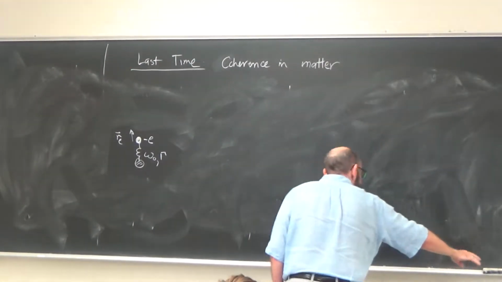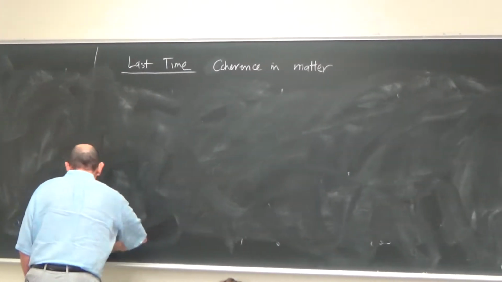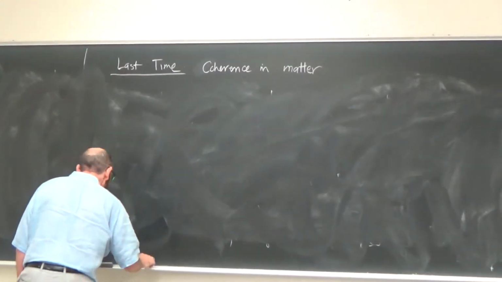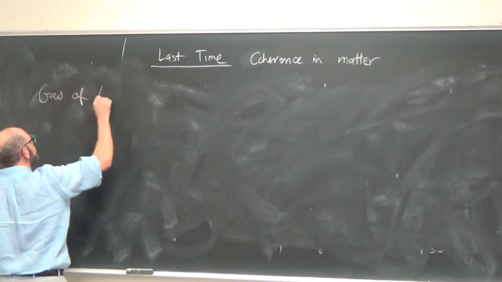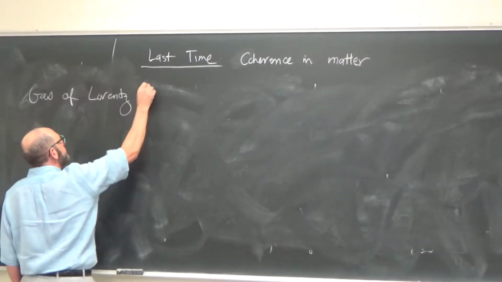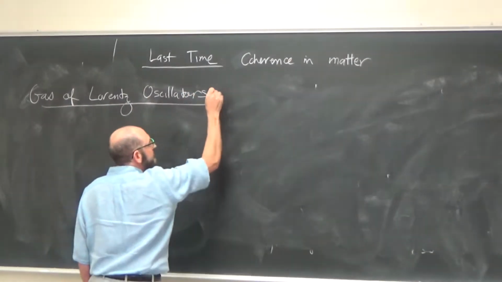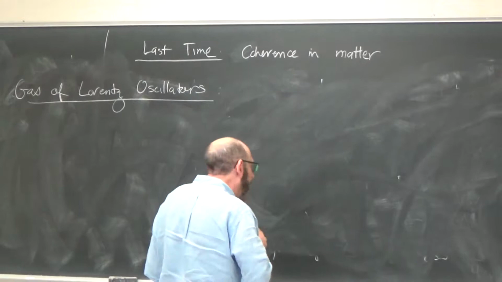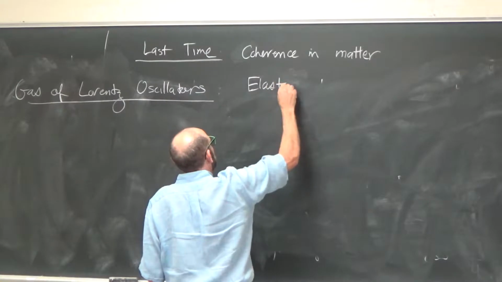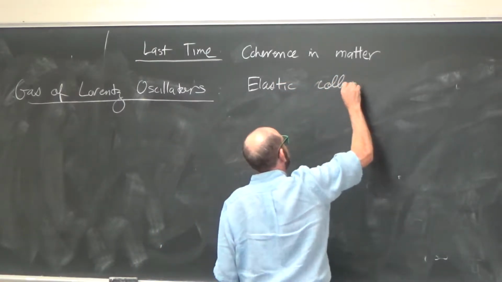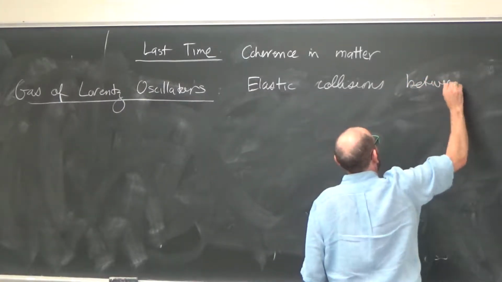But one way we can see that we would get a kind of damping of the oscillation, if we think about a gas of Lorentz oscillators, then we could have elastic collisions between atoms.